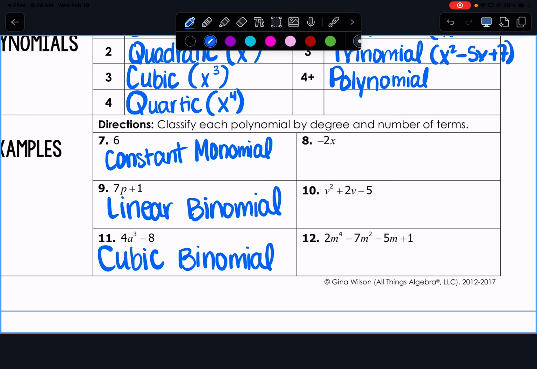All right, number 8. It is a linear monomial. Then number 10 is a quadratic trinomial.